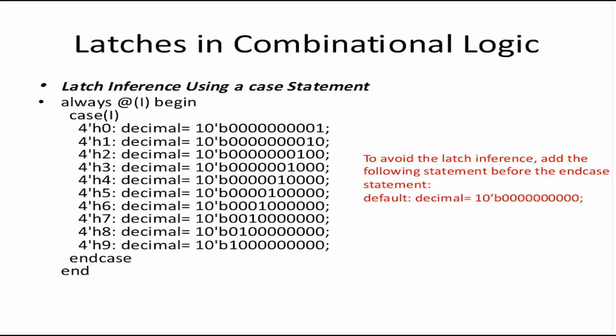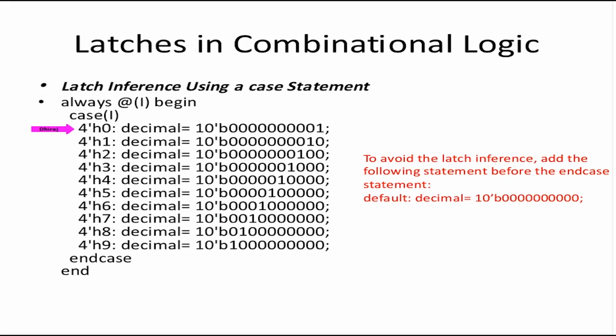Again, this problem typically happens when you have big case statements. So this is one example of one-hot coding where decimal is a 10 bit signal, and only 1 bit is high in one of those cases. But the select is again 4 bit, so it's a hex.